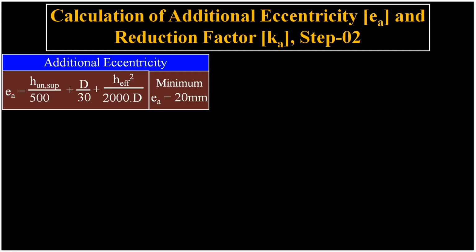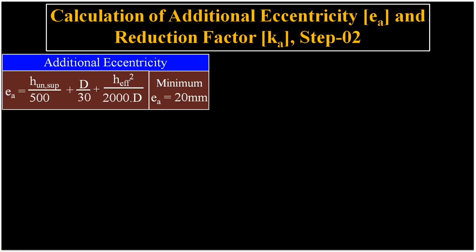And the second part of the formula is squared of effective height of the column, HEFF, divided by 2000 times D. Here, I need to mention that the first part of the formula is valid for short column and the whole combination is applicable for long column only.